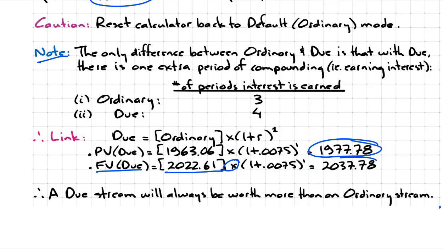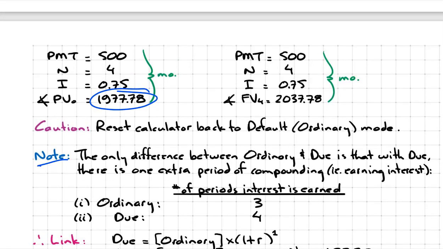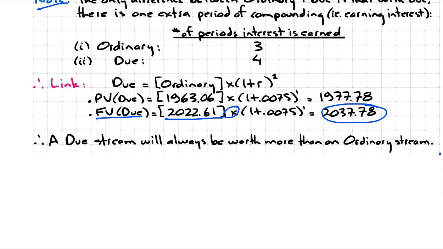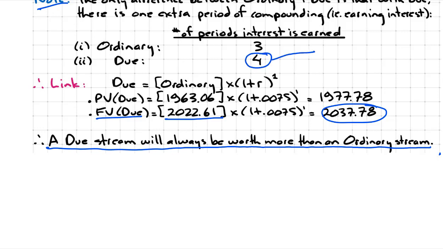And then you get 2037.78, and that's the exact same answer we got by calculating annuity due directly. Therefore, a due stream will always be worth more than an ordinary stream. Why is that? As we demonstrated, whether we're using that logic or doing that algebra, with a due, you get that 1 extra period of earning interest.